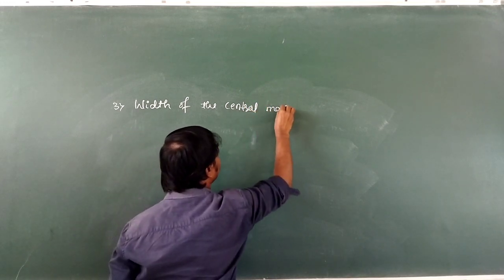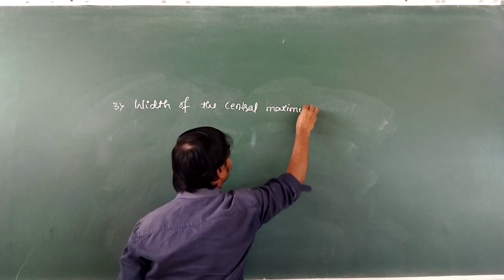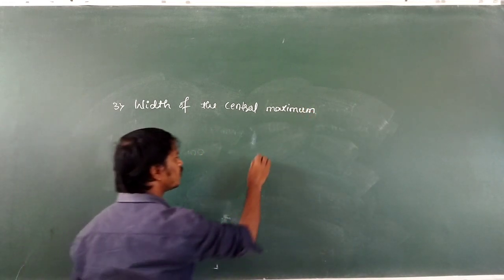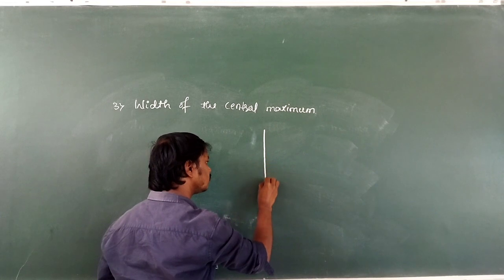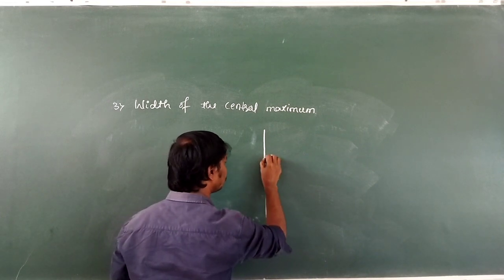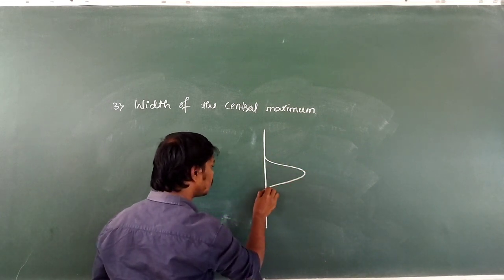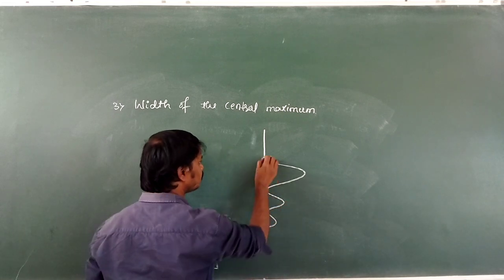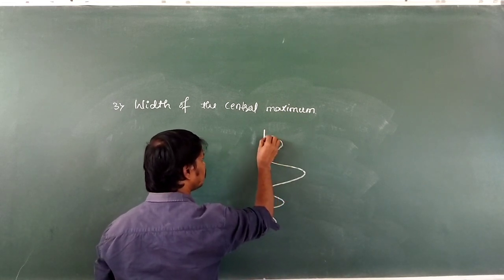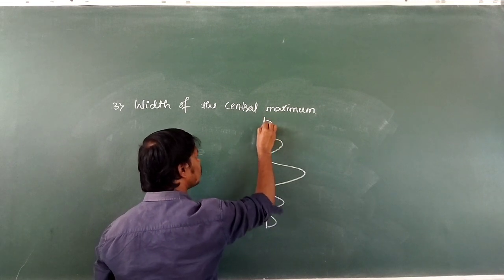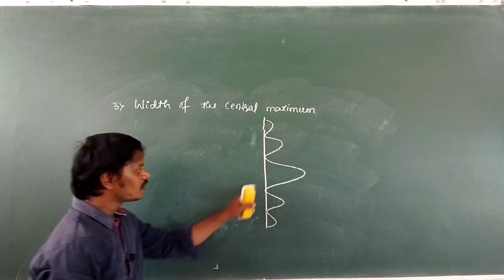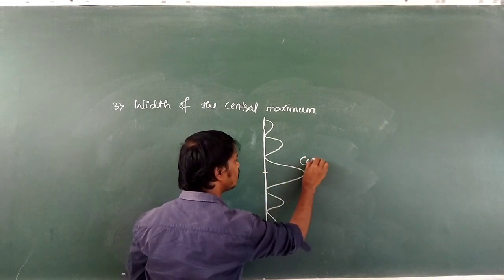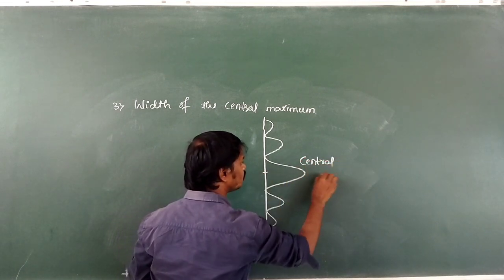Now how to find the width of the central maximum? See here, this is the diffraction pattern. At the center of the screen there is a maximum intensity, that is called the central maximum. At the center of the screen the intensity is maximum, hence it is called the central maximum.